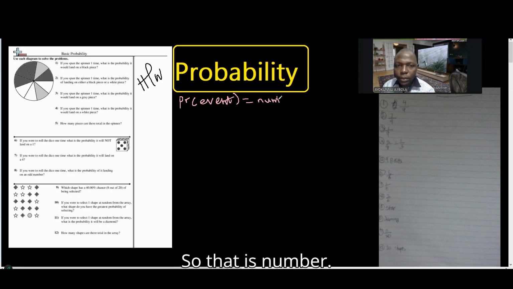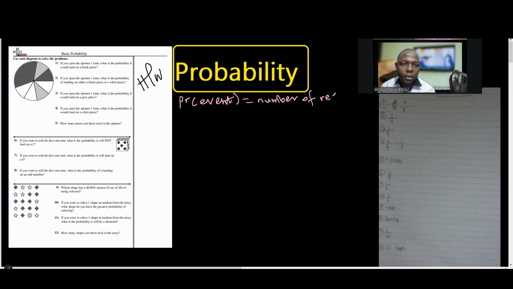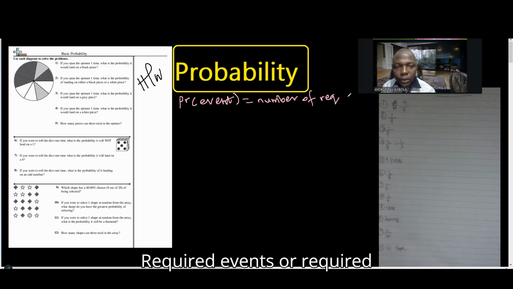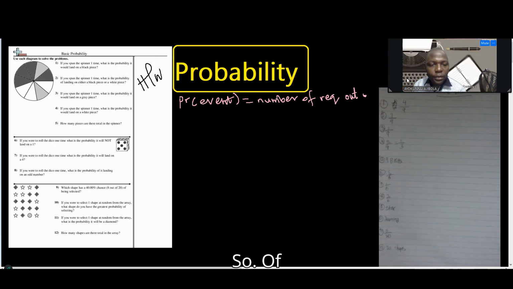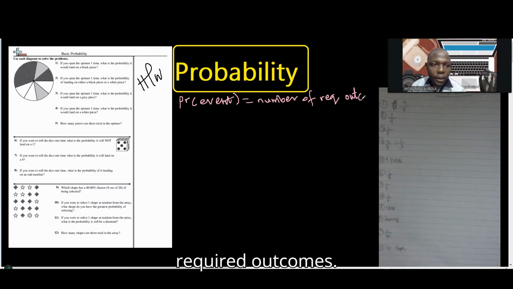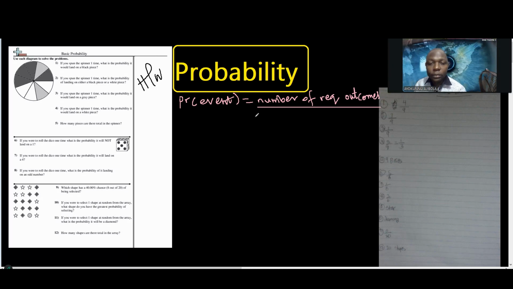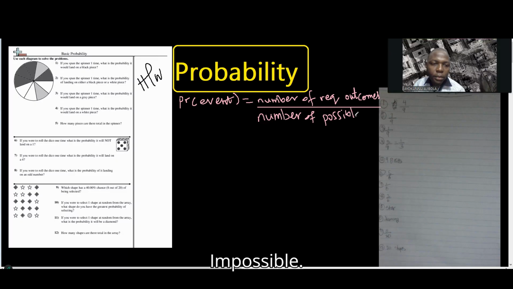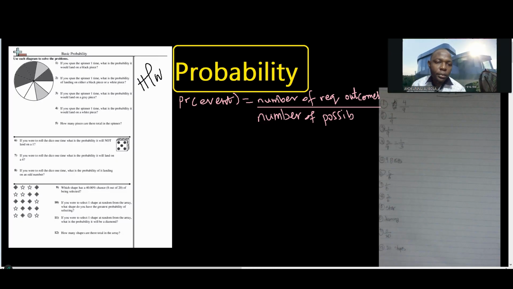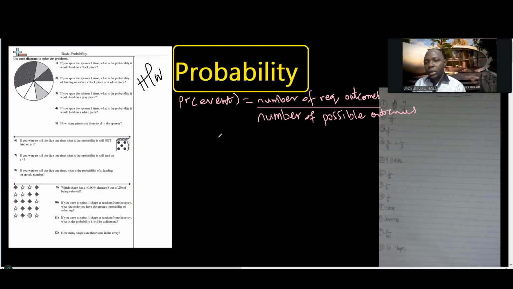So that is the number of required events or required outcomes divided by the number of possible outcomes.